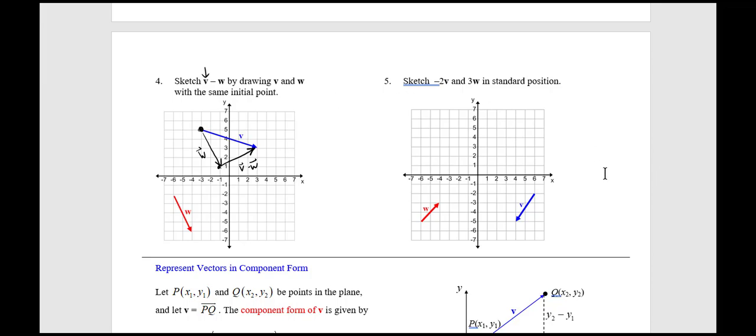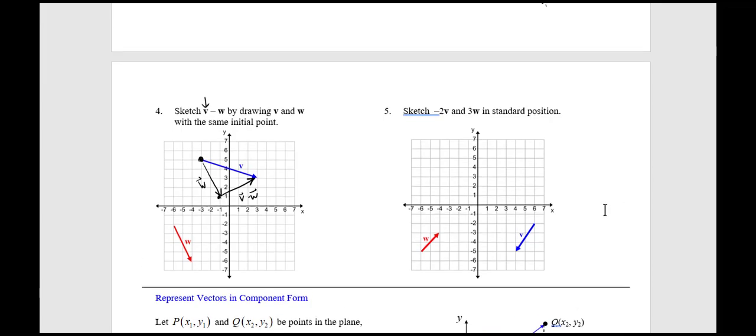I don't think these ones over here in problem 5 are going to be too bad. This will be the last one we do with this video. Let's see what we can do. -2v and 3w in standard position. So standard position just means draw the tail at the origin. So for example, -2v, tail at the origin is what we mean.